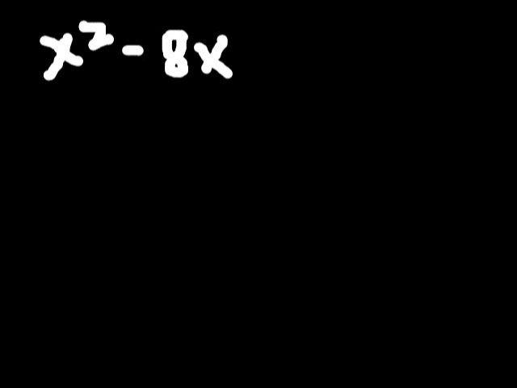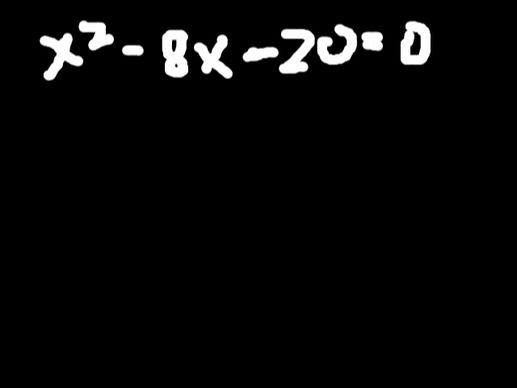So what we get is x squared minus 8x minus 20 equals 0. And if you're wondering how I got the 20, I had a 16 right here, and the other side was 36. So I just subtracted 36 from each side, and 16 minus 36 is just negative 20.